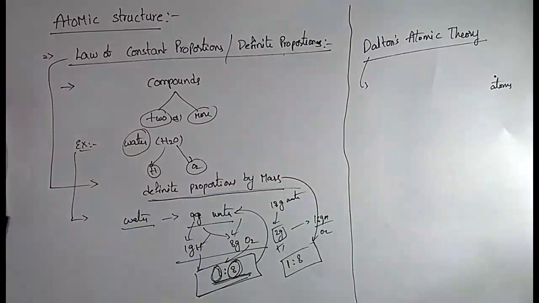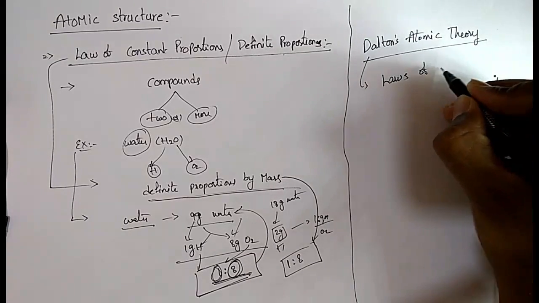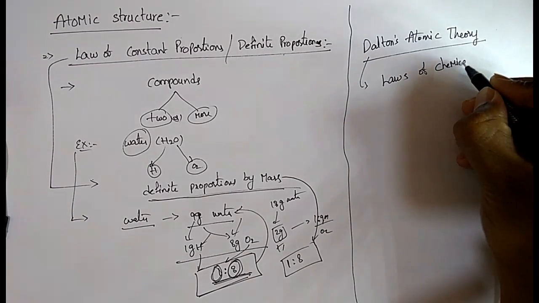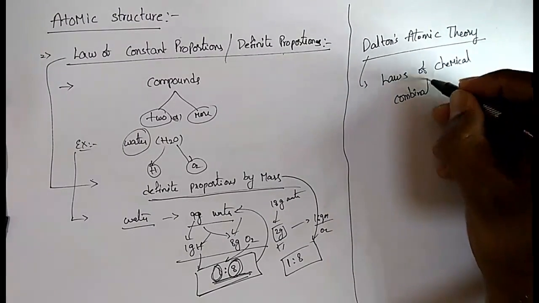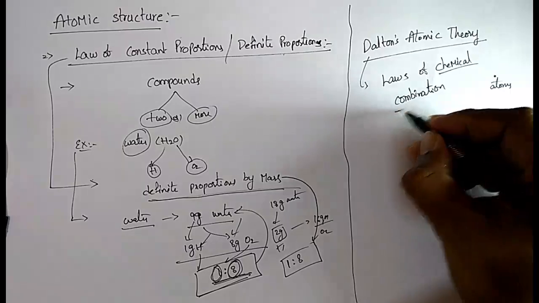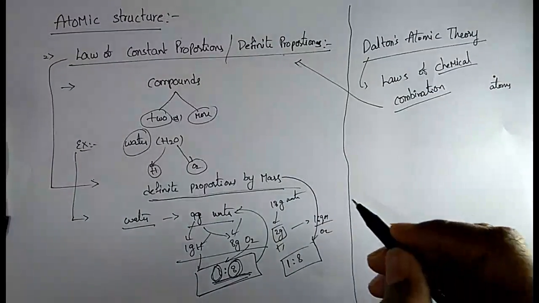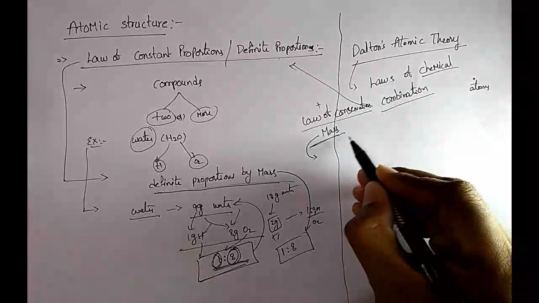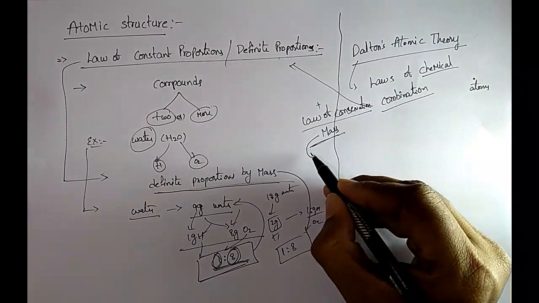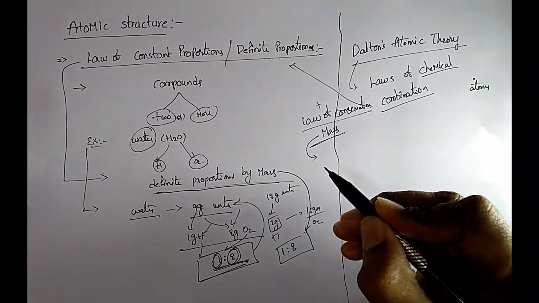His theory is based on the laws of chemical combination. The laws of chemical combination are the law of definite proportions and also the law of conservation of mass, that is, mass can neither be created nor be destroyed.